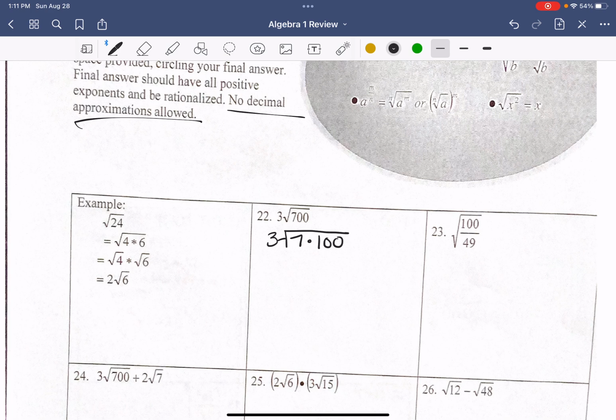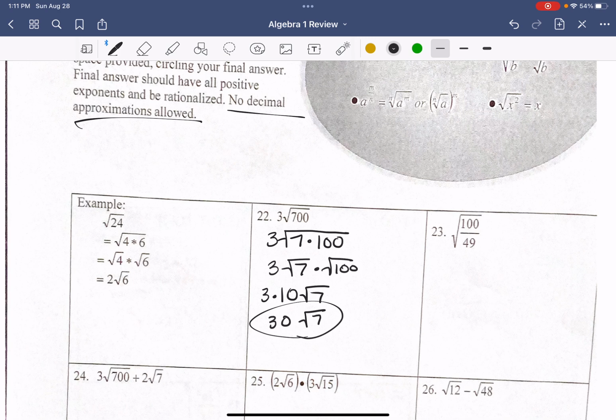So if I was to write it out the long way, which I would prefer not to do for most of them, you can separate and find the square root of 7 and then the square root of 100. The square root of 100 is 10. So then we have 3 times 10 times the square root of 7, and we get 30 times the square root of 7. So that's the basics.